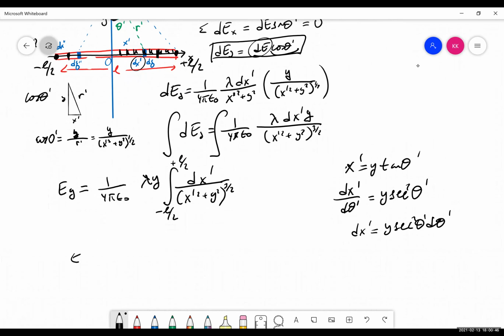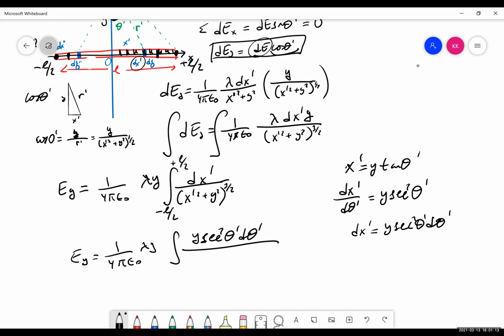So which means I can come back and say, all right, it's 1 over 4 pi epsilon naught lambda times y. And then for the integral, what I do here is dx prime is replaced with y secant squared theta prime d theta prime over x prime square plus y square.